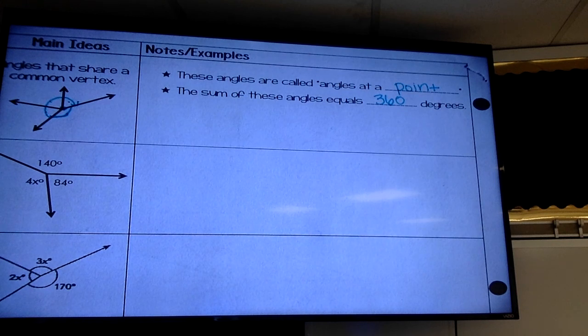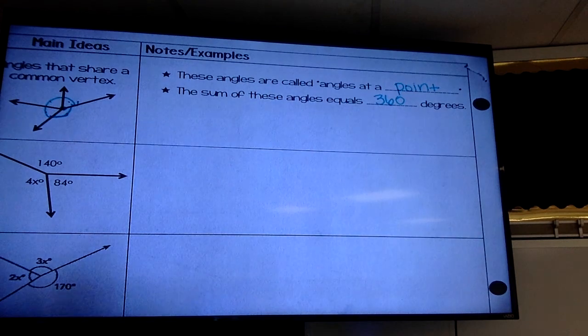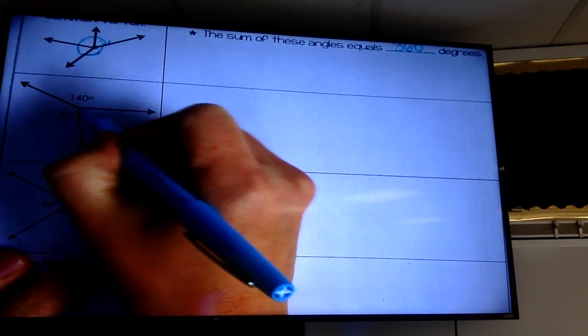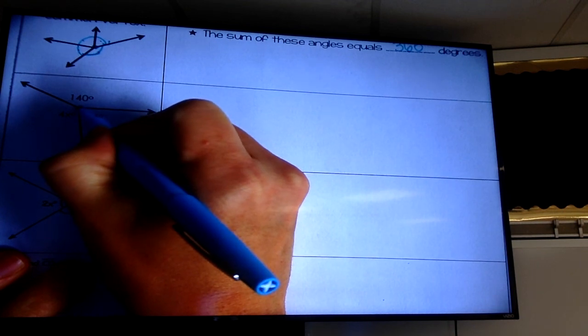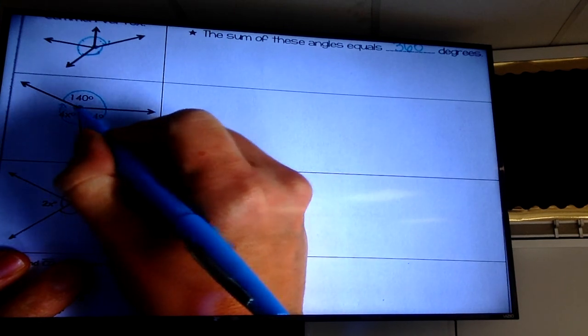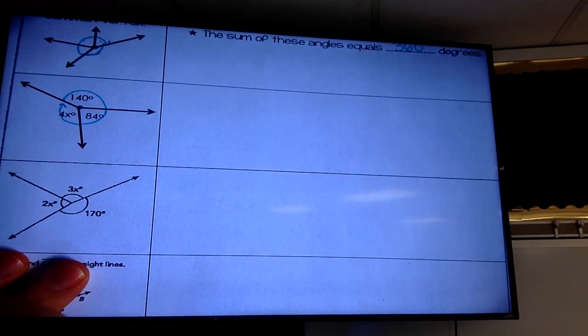So let's try and solve some more problems knowing the rules of complementary angles, supplementary angles, vertical angles, and now angles around a point. Looking at this, I see that these all share a common point. They are what we call angles around a point. All the angles are central to one point.